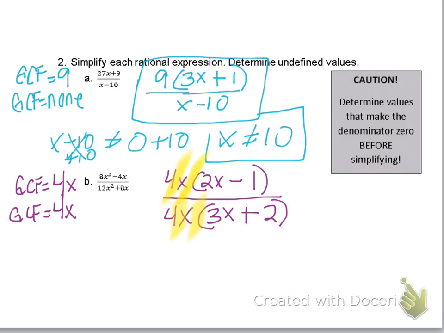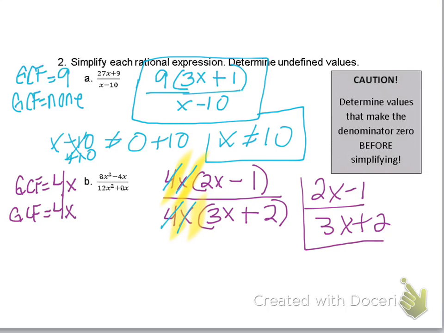So anything that is a factor and being multiplied can be canceled. So we can cancel 4 and 4. 4 divided by 4 becomes 1. x divided by x would become 1. And then we're left with 2x minus 1 on the top and 3x plus 2 on the bottom. So that is our simplified expression.